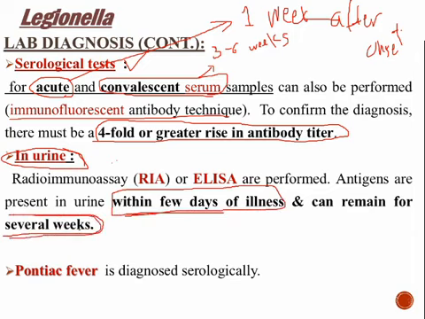So it's a very reliable technique to detect Legionella because the antigen stays for long. I will detect the antigen using radioimmunoassay or ELISA. Pontiac fever is also diagnosed serologically.